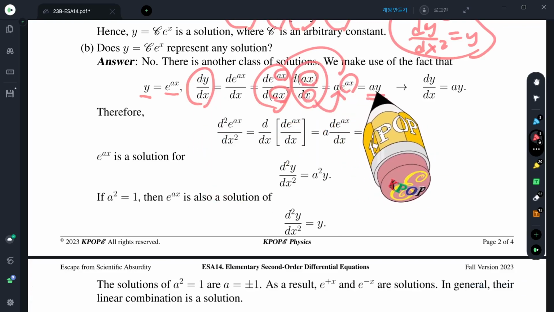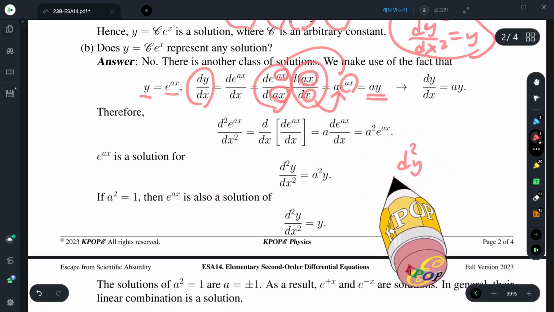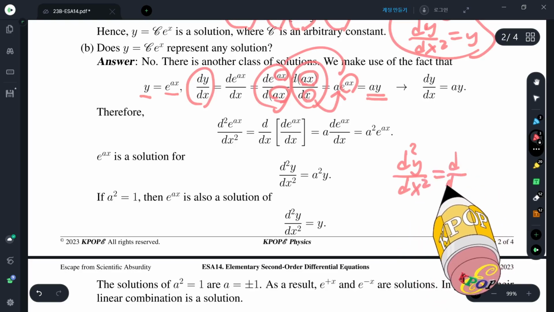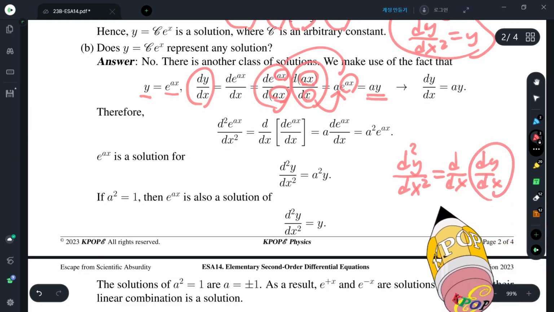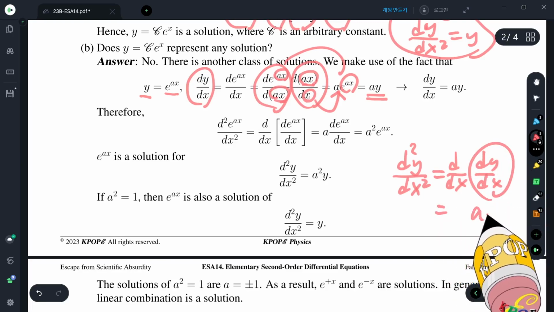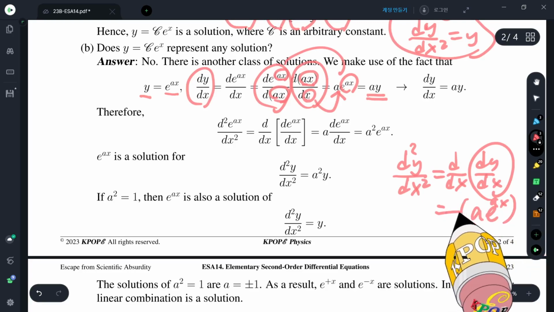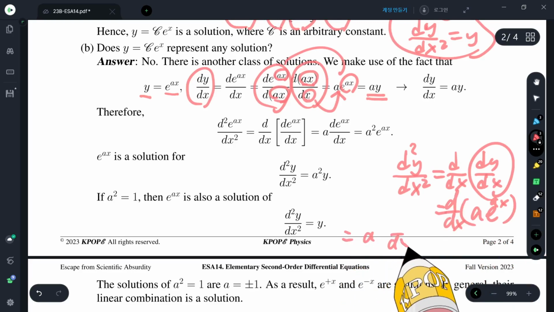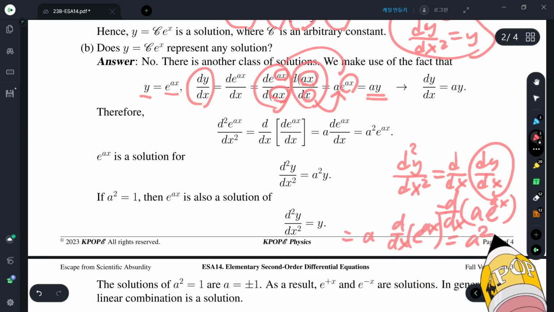We repeat the calculation twice. So d squared y over dx squared equals d/dx of dy/dx. This is d/dx of a e to the ax, and a d/dx of e to the ax, that we obtain a squared e to the ax.